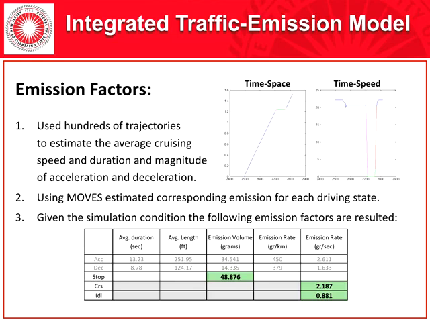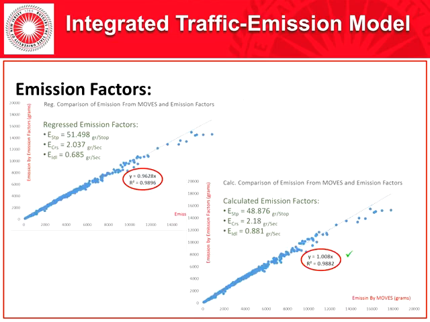For this specific example, each stop caused approximately 49 grams equivalent CO2. Also, using the same method and the average cruising speed, the emission factors for cruising and idling can be calculated.